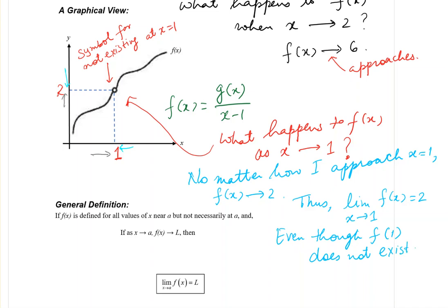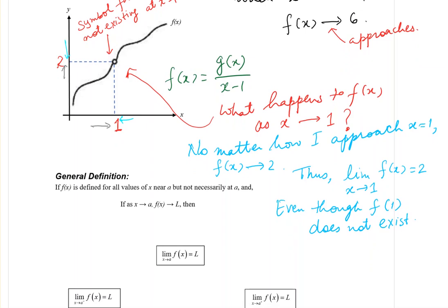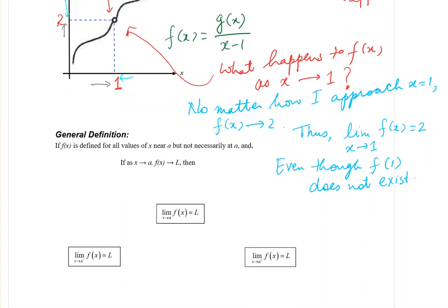In general, the definition of a limit of a function f(x) is the value which the function approaches as x approaches the given value. So as x approaches a, f(x) approaches L. When we talk about the limit, there are a few things we should notice.